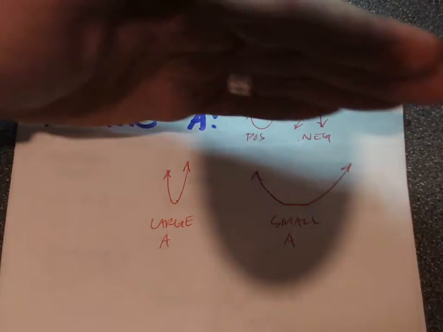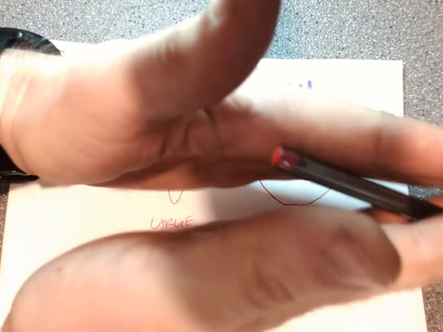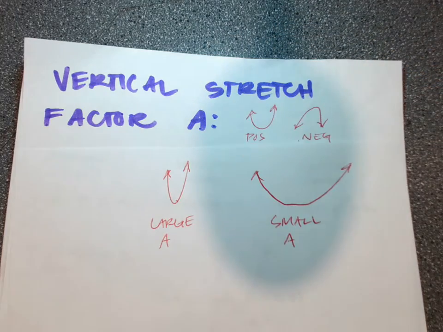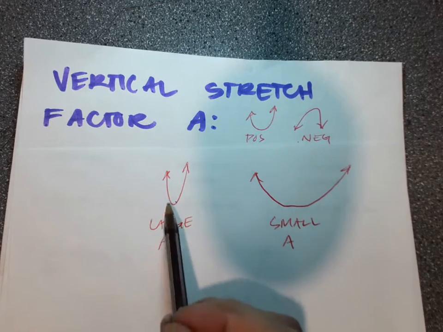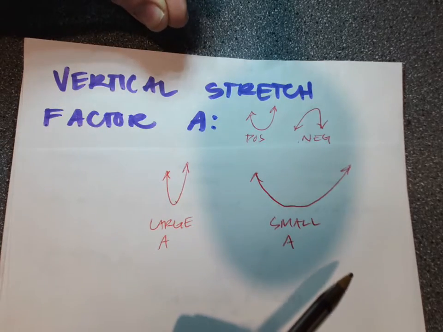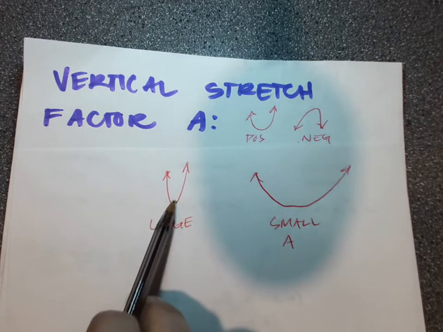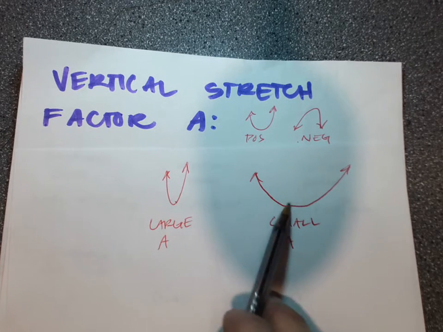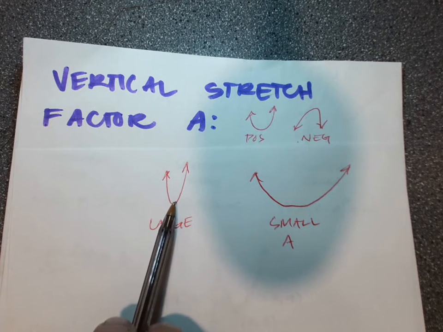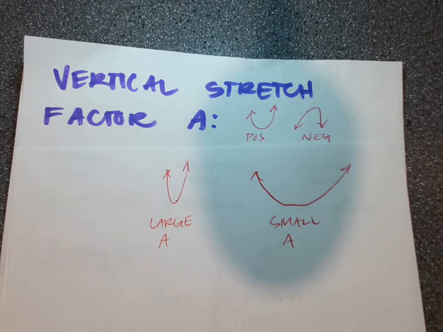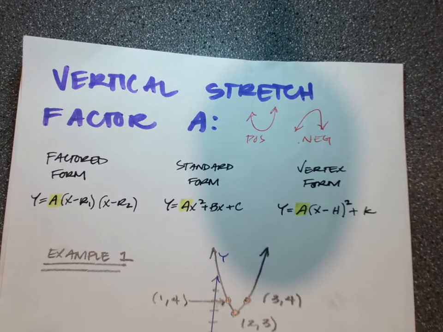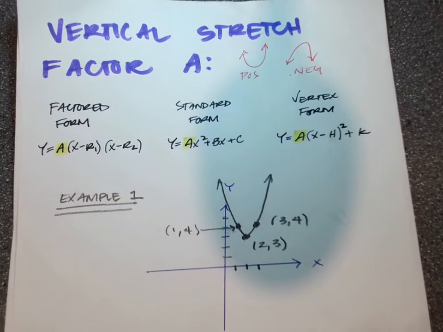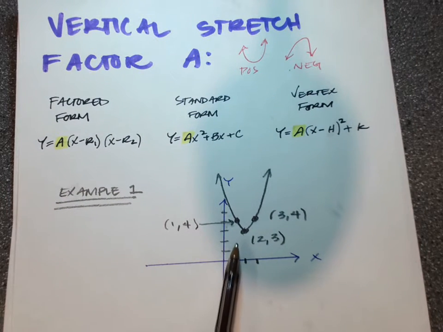Small a actually scrunches it down, squeezes it to get vertically shorter. And this one is sort of like you're pulling it, stretching it tight, appearing as if it were skinnier. A lot of students look at this as fat versus skinny, but it's actually tall versus squat, more officially. Now, to figure this out, the first method is by interpreting the graph.